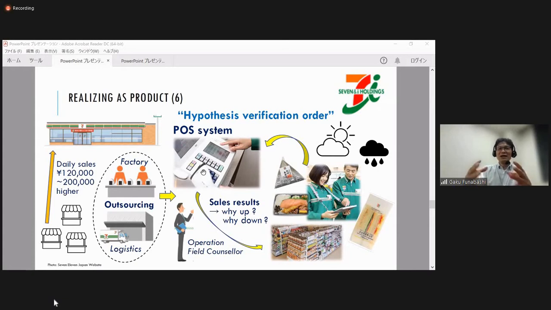somebody buys the products, the shop staff press one of these buttons based on what kind of person bought that product. You guess, maybe this person, a man, is young, maybe in his 20s, then press the blue button and 20s.